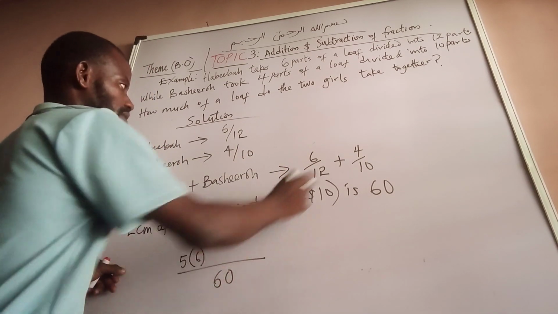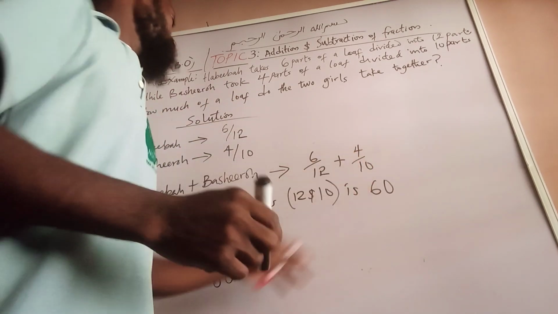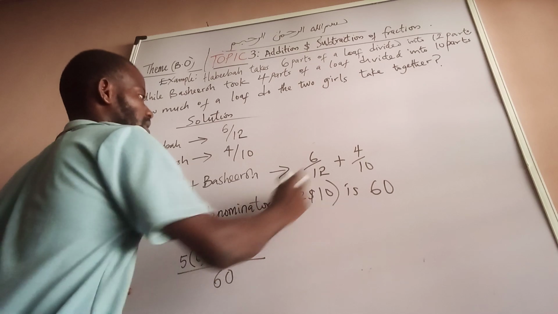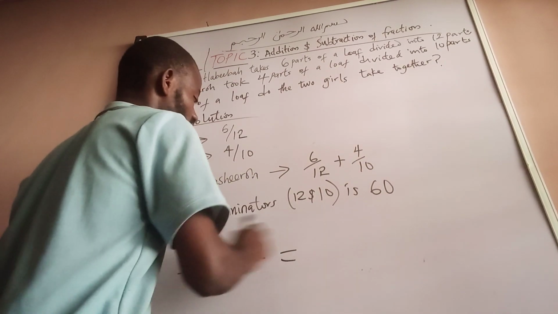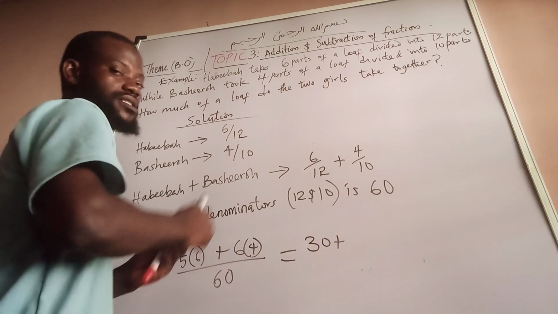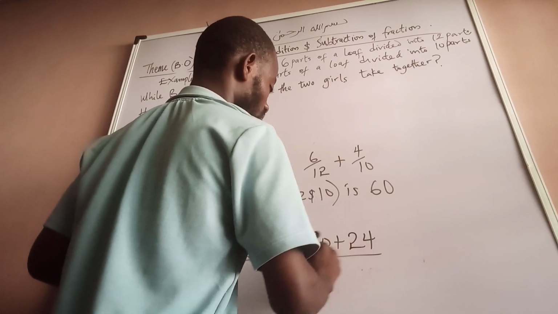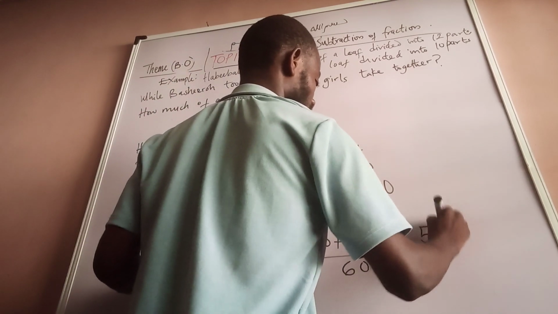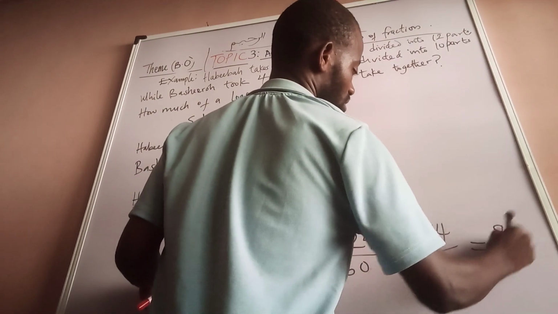Now this is plus. Also, 10 goes into 60 how many times? 6. Write that 6, bracket 4, which is the same thing as 5 times 6, 30, plus 6 times 4, 24, all over 60, which is equal to 54 over 60, which is the same thing as 9 over 10.